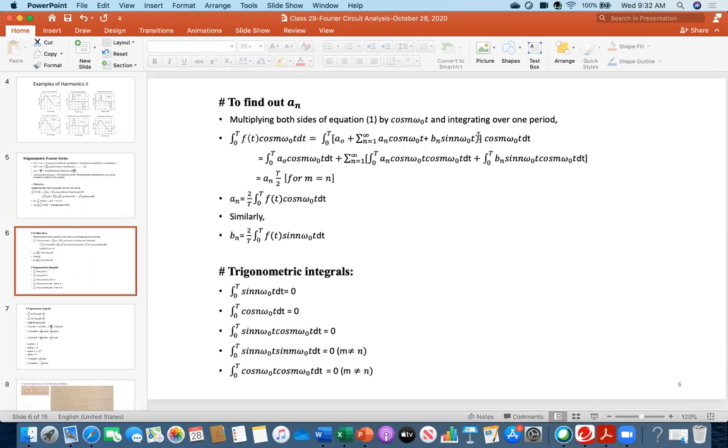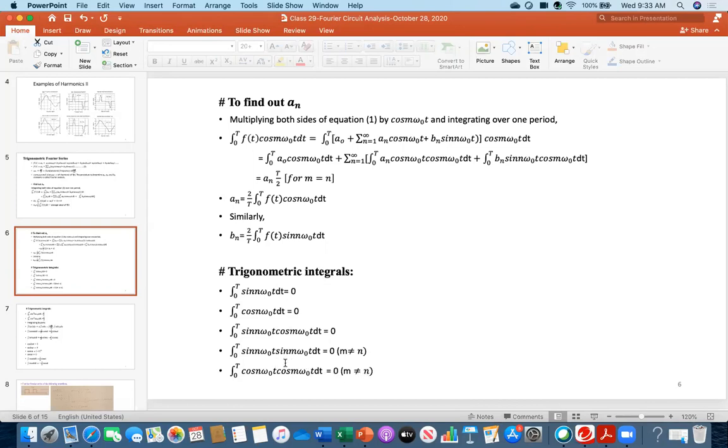Then on the right side, the previous function multiplied by cosine m omega naught t. And then you see, I am decomposing the terms. Again, you see these things, cosine of n omega naught t, cosine of m omega naught t. These trigonometric integrals will be 0 when m not equal to n.